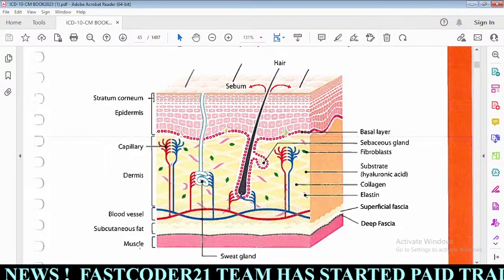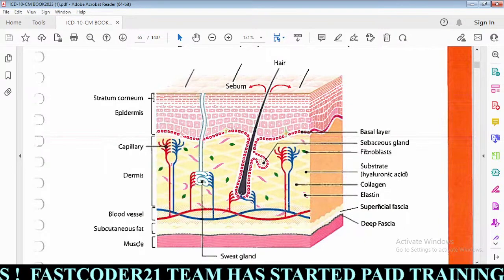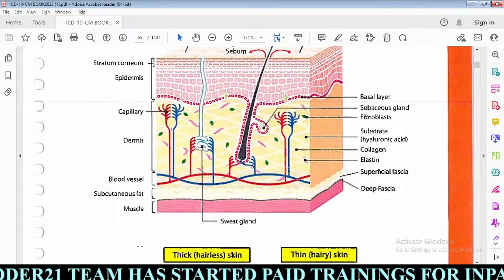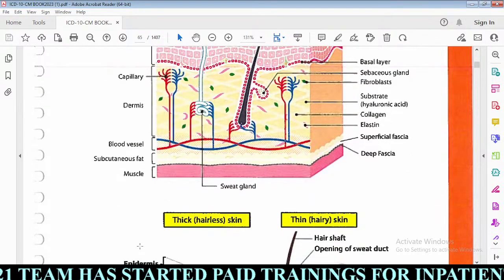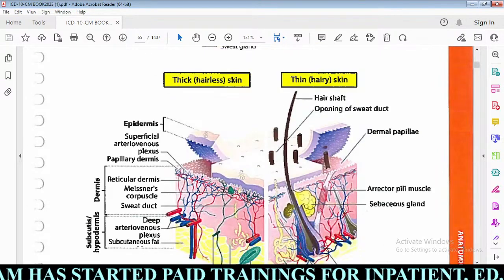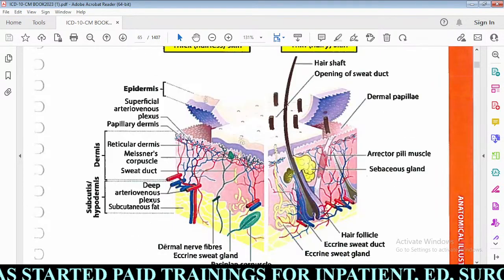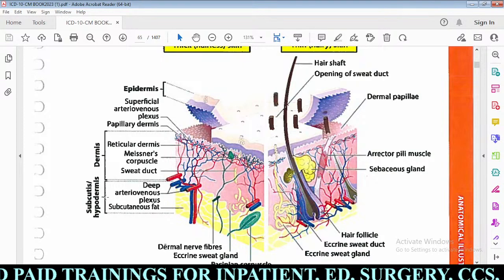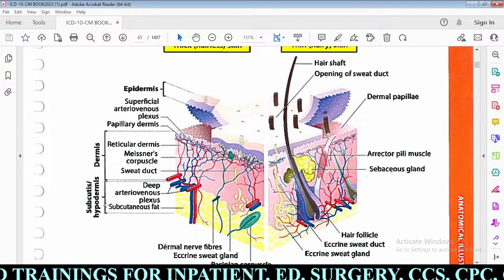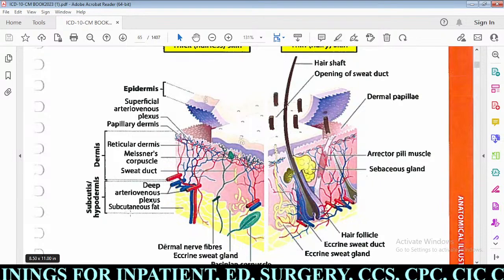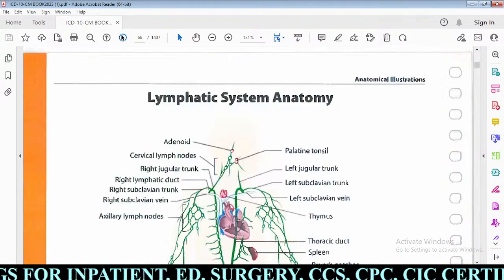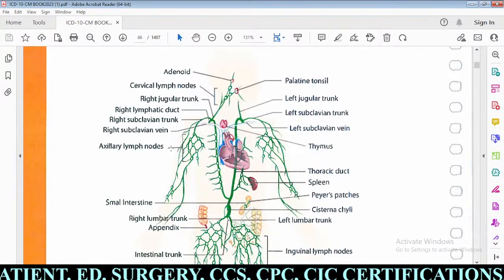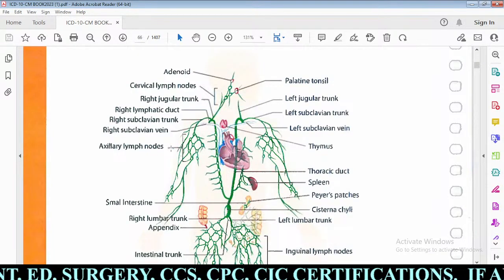Muscle is the deepest level; after muscle, you will find the bone. Epidermis, dermis, subcutaneous, hypodermis. Like this, you need to use this anatomy for your coding exams. These are useful for live coding also.